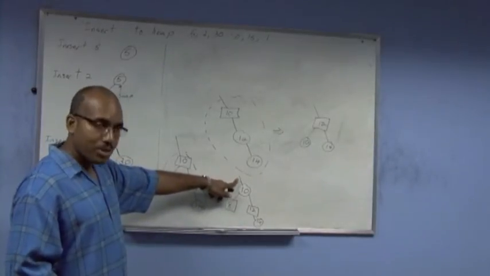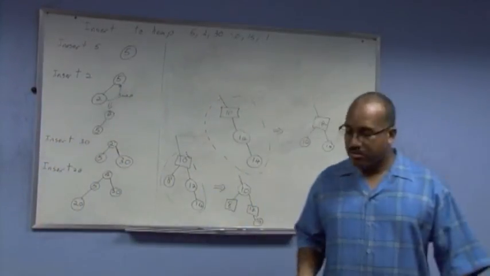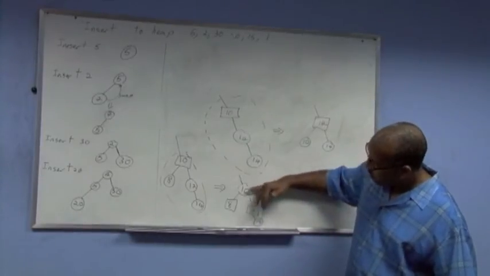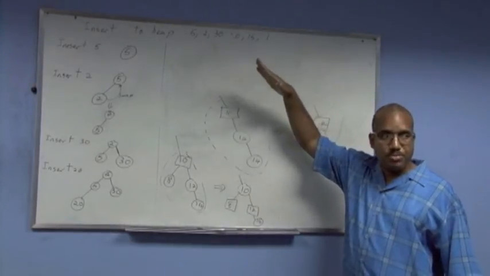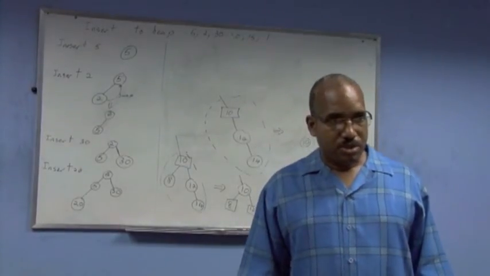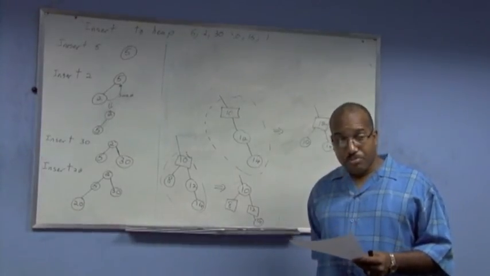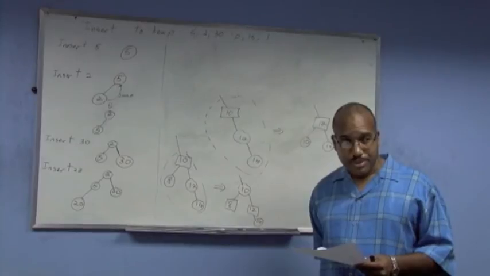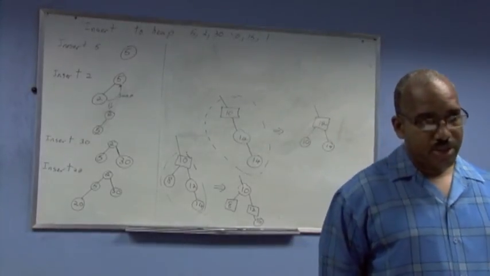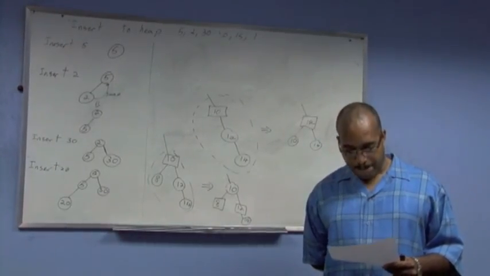Then we'd have to do another fix. So in the worst case, we could actually have the critical cluster propagating up to the root of the tree. It could propagate up log n levels, which makes that the worst case time complexity of insertion into the tree.